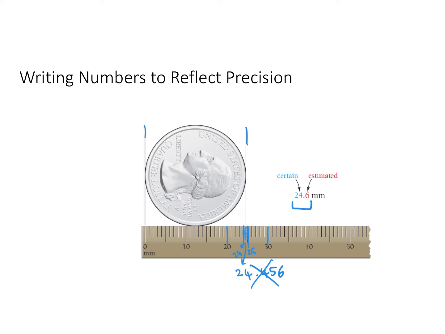It can be 24, it can be 25, based on this ruler. Any question about that? So if I give you this number, 1295.456, which digit is estimated? The 6, right? The others we're sure about, they are exact, but the last digit is estimated. Any question about that?